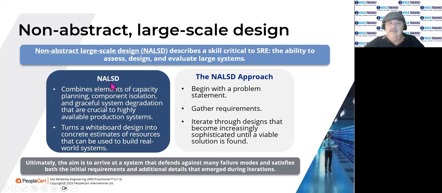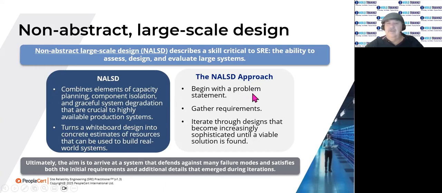The NALSD framework combines elements of capacity planning, component isolation, and system degradation strategies. These are all critical to making sure products are going to be available and reliable in production. This approach turns a whiteboard design into a more concrete set of estimates of resources that can be used to build real-world systems.